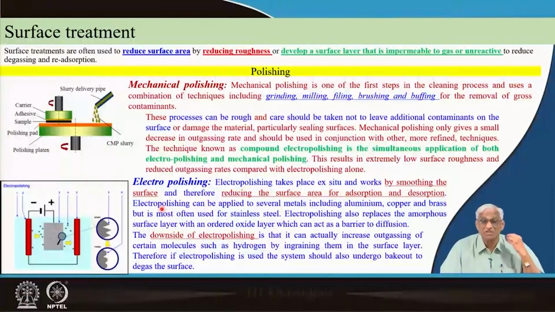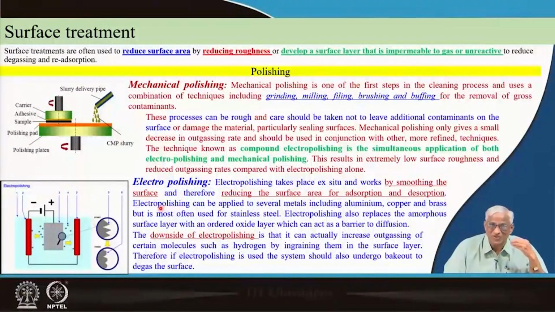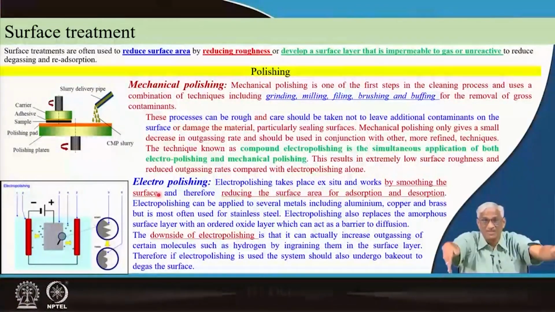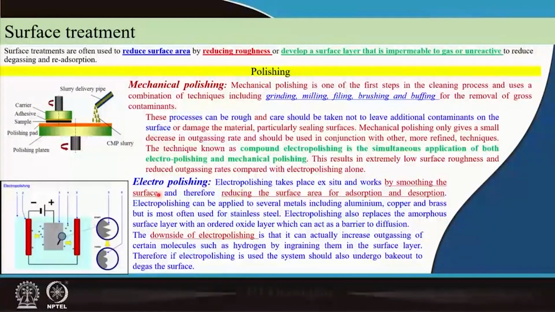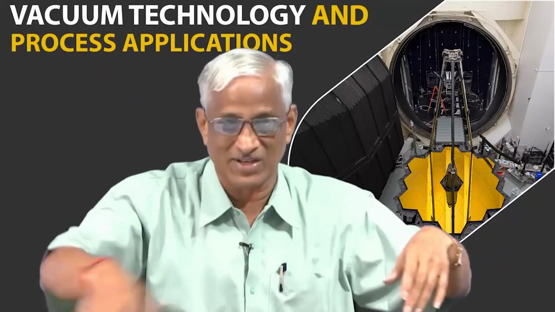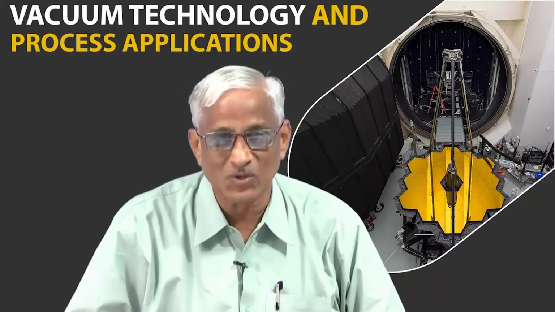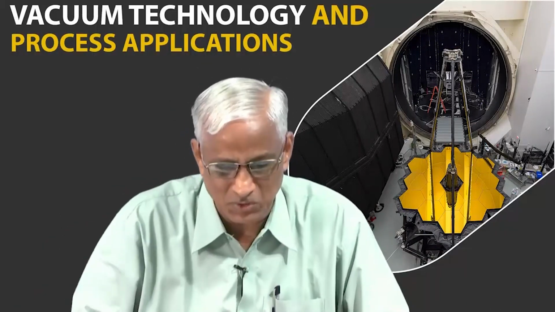Electro polishing is a very big field, chemical engineers know very well. Big things are kept in big chambers, big vessels, and a huge amount of current, the electrolysis current, is applied. So, these are all well developed technologies. So, please go through that.